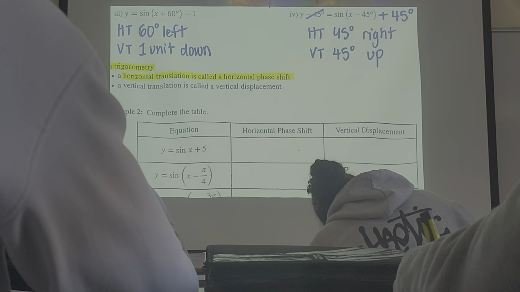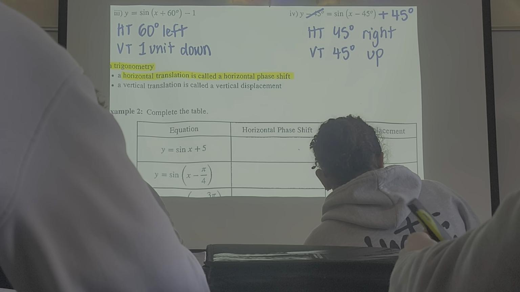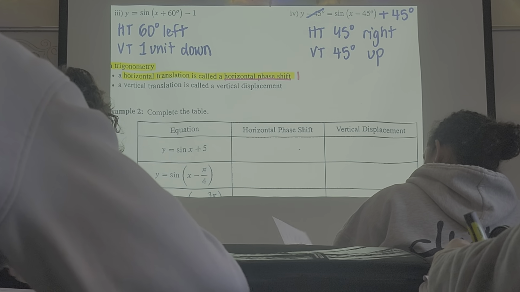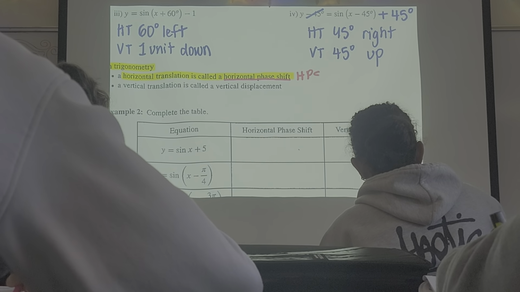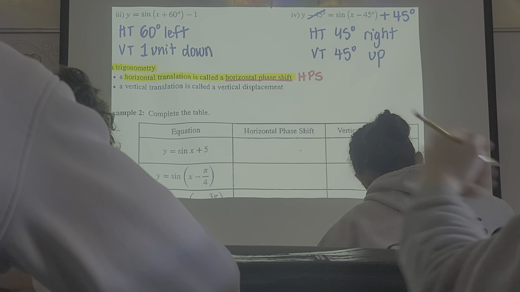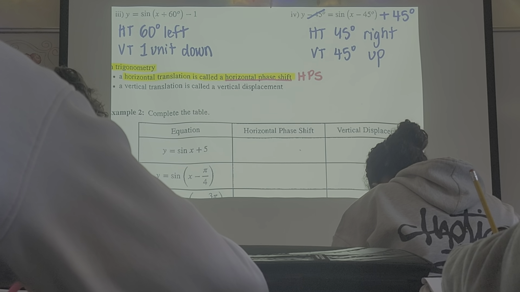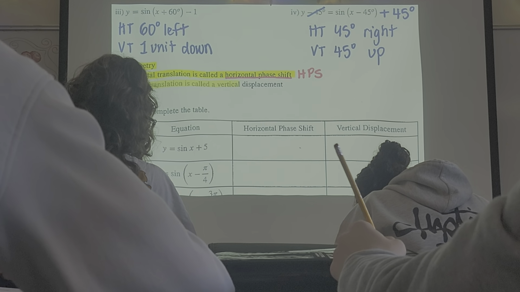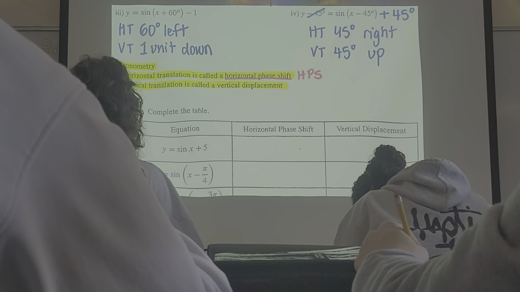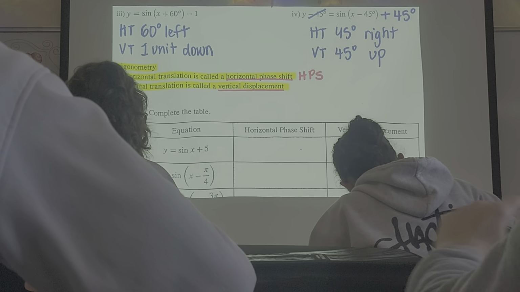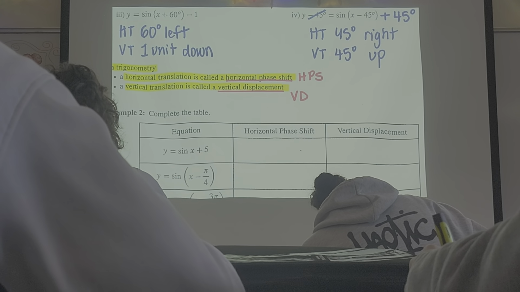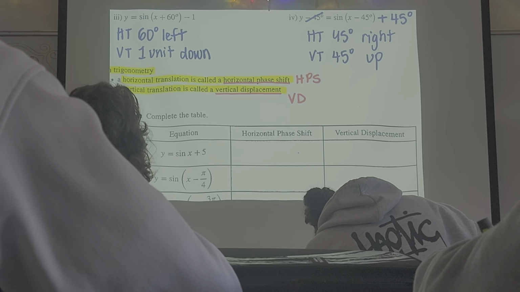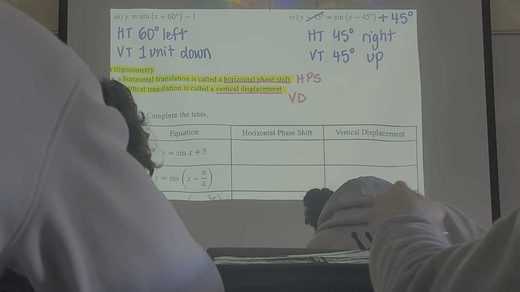So we're now going to call it horizontal phase shift, or HPS for short, because horizontal phase shift is a lot of letters. Vertical translation is now called vertical displacement, VD for short. So horizontal phase shift and vertical displacement now.